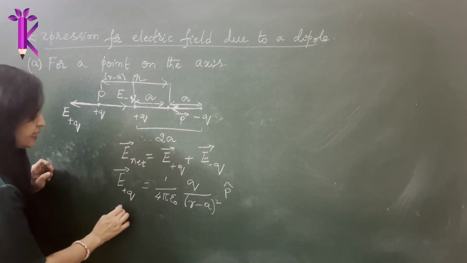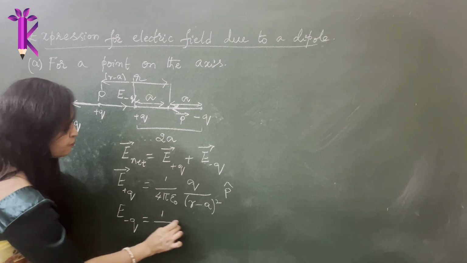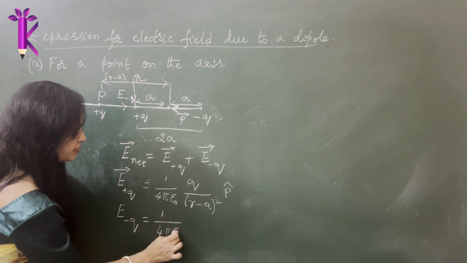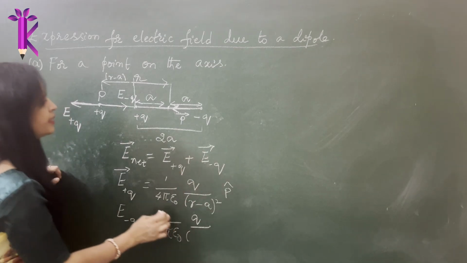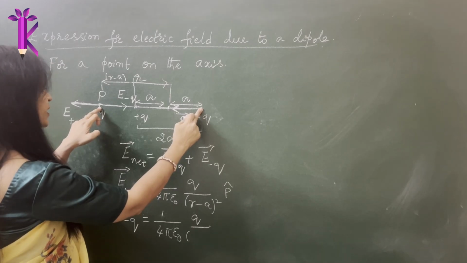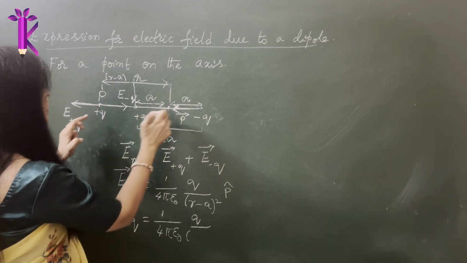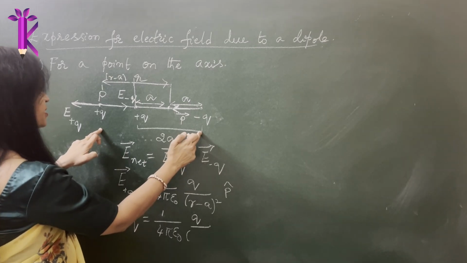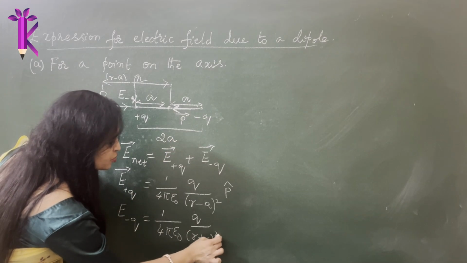Now let's write it for minus q. 1 by 4 pi epsilon naught into q, which is your negative charge, whole divided by the distance of separation from minus q to this point. This distance is a, this distance is r, so it will be r plus a. So this entire distance will be r plus a, the whole square.